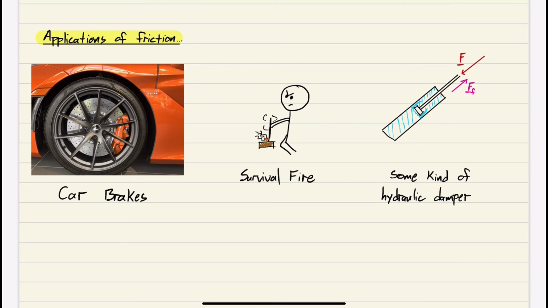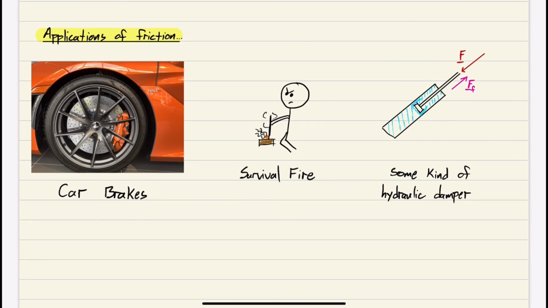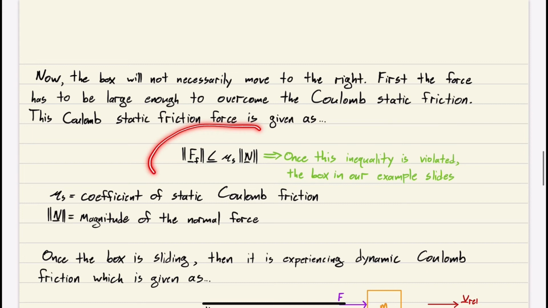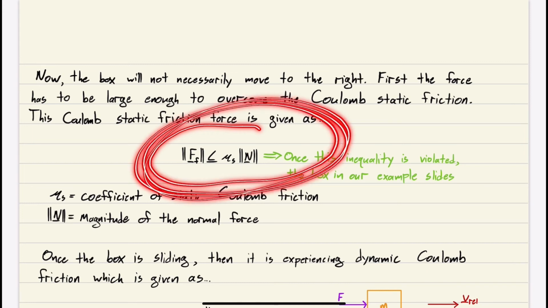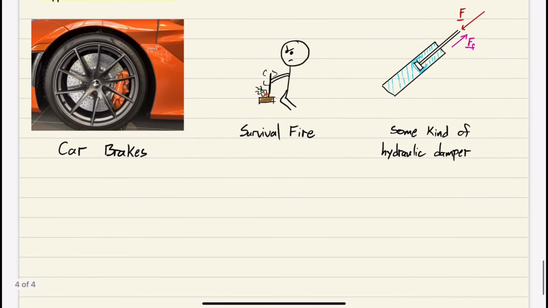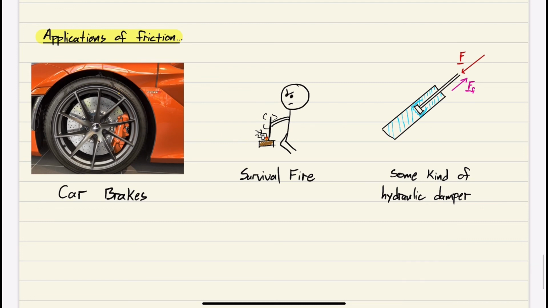The brake pads squeeze against this brake disc, cause friction, and dissipate energy in the form of heat, which slows down the car. If you're sitting at a stoplight with your foot on the brake, you want to make sure that the coefficient of Coulomb static friction is high enough that your car is not going to roll forward, right? The surfaces between the brake disc and the brake pad do not slide.